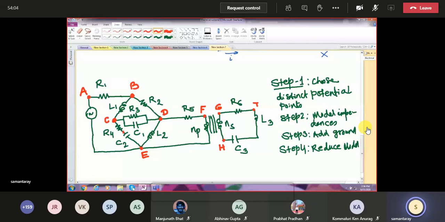Now I will exactly follow what is stated above. I will include zero junctions for each potential point and model the impedances between them. That's it.